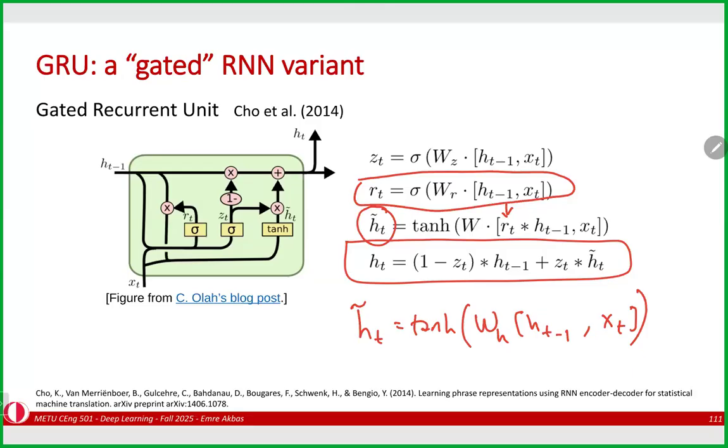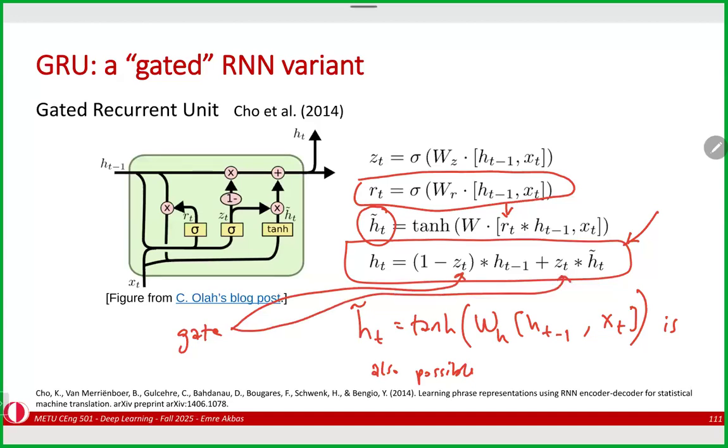The main idea here is the idea of a gate. This z is a gate. How much of the newly calculated state h tilde and how much of the previous state to combine is decided by the gate.